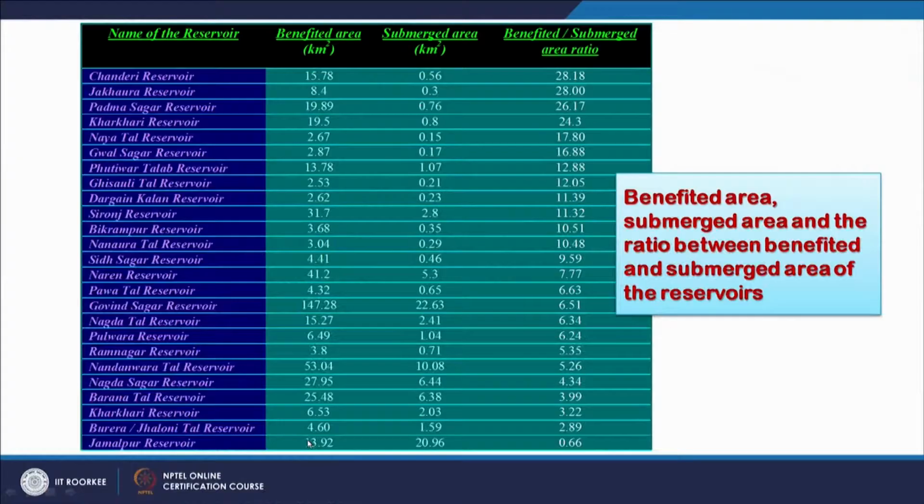However, there is one example where a reverse scenario is also possible, where the submerged area is more, the benefit area is less, and therefore my ratio is less than 1. So these areas may not be used immediately to augment groundwater recharge, but the areas surrounding them, where my returns are in the range of 28 times, 26 times, 24 times, can be used immediately.